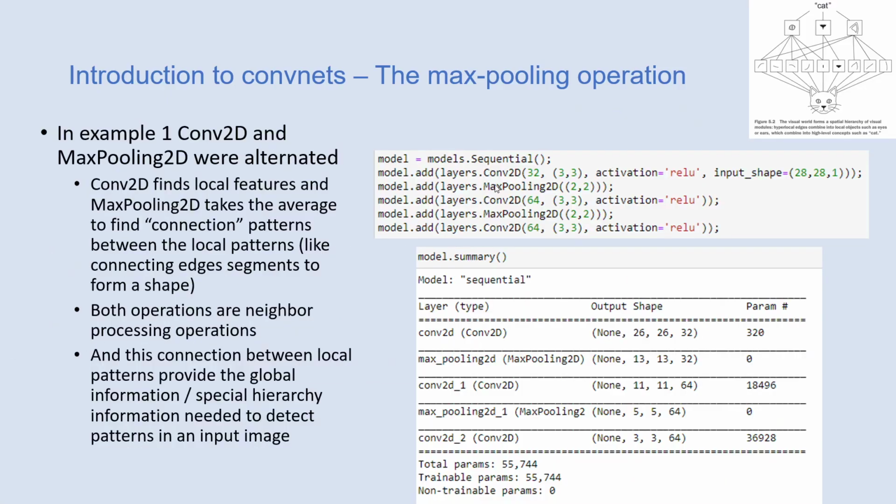Okay, so here we have the max pooling back again with a window of 2 by 2, and the author mentions, and you can see in the summary, how the size of the image gets reduced by half each time it goes through a max pooling layer. The author also mentions that max pooling is like making connections.